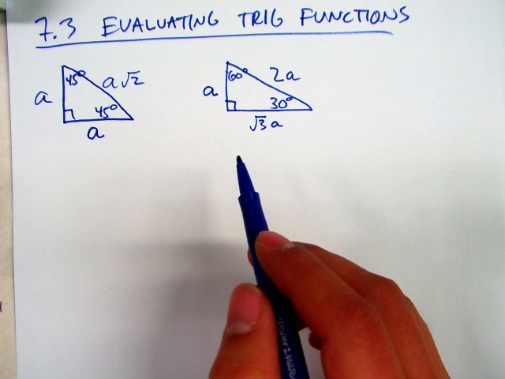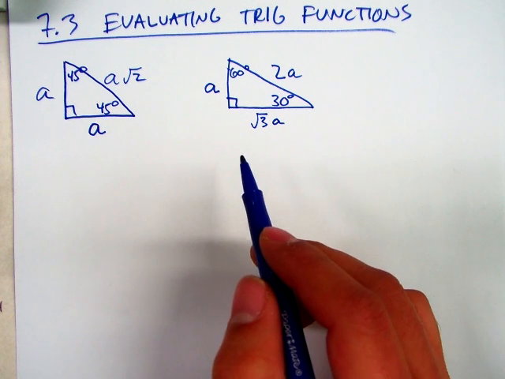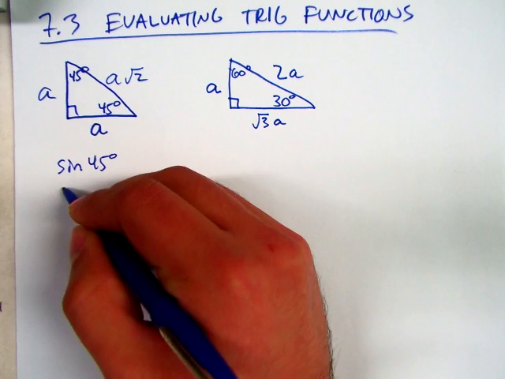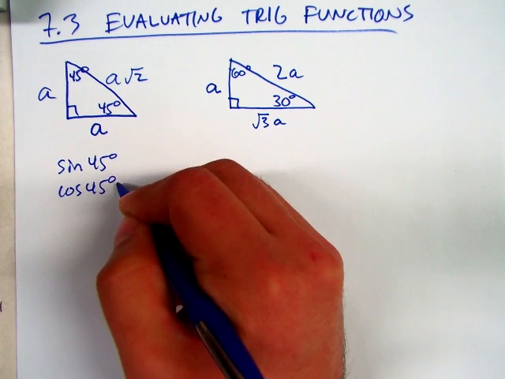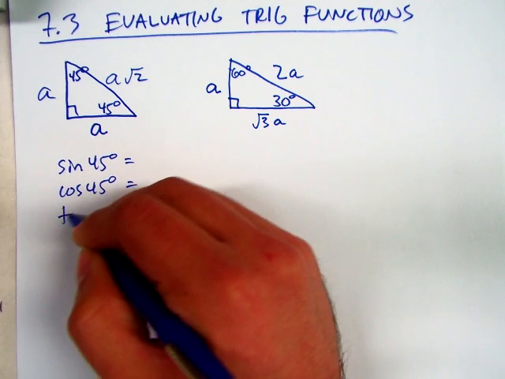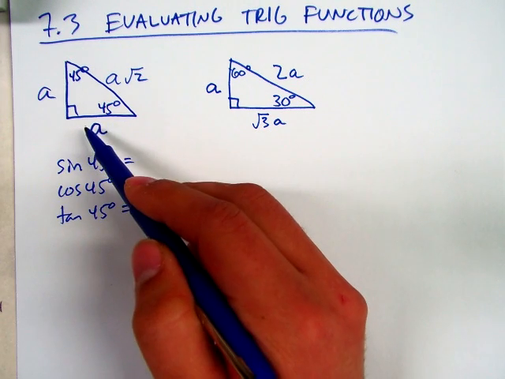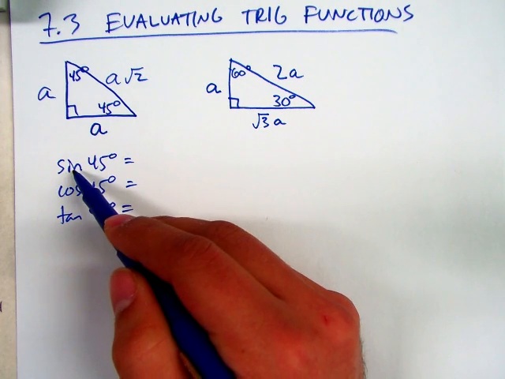Now, let's go ahead and write out sine 45, cosine 45, and tangent 45. Pick whichever 45-degree angle you like in a right triangle.